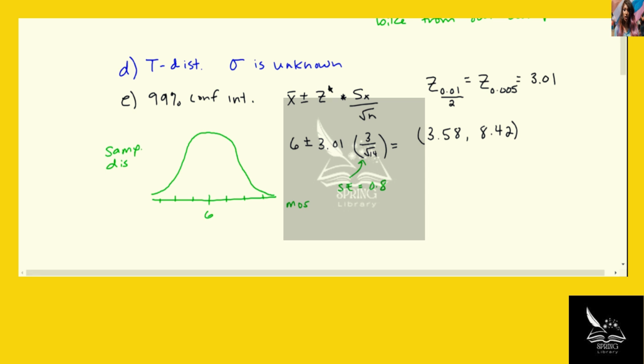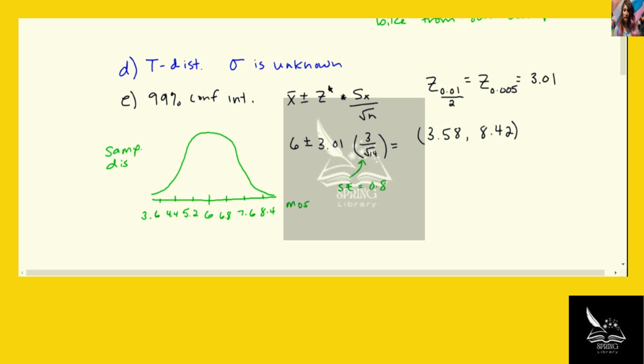So when I label my scale on the normal model here, this would be 6.8, then 7.6, going up, and 8.4, and then going down 0.8 each time. This would be 5.2, 4.4, and then 3.6. So that is my normal distribution.